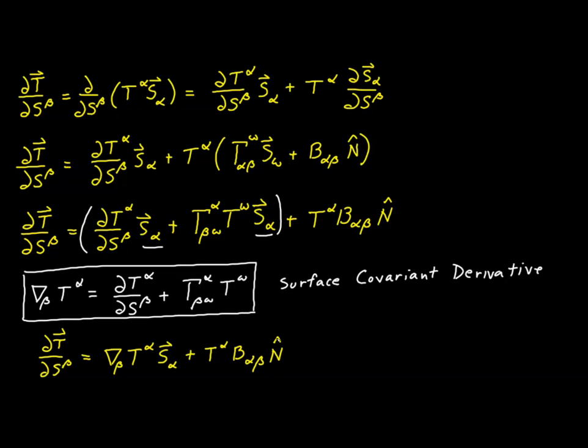Okay, so what have we got here? Well, the first thing you're going to notice surely is that this form right here looks exactly like the definition we came up with in video 28 for the covariant derivative. And indeed it is. It's exactly the same form. So our definition of the surface covariant derivative, at least for vectors that lie in the tangent plane, is exactly the same as our standard covariant derivative.